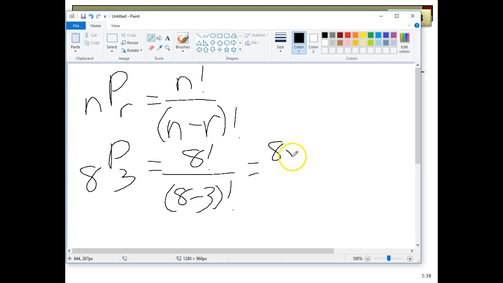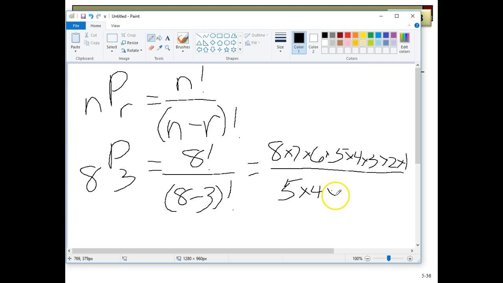So this is just 8 times 7 times 6 times 5 times 4 times 3 times 2 times 1. 8 minus 3 is 5, so this is 5 factorial, which is 5 times 4 times 3 times 2 times 1.